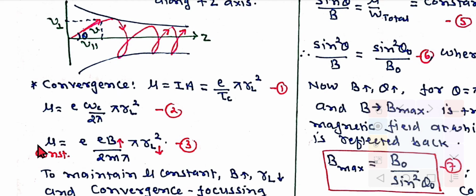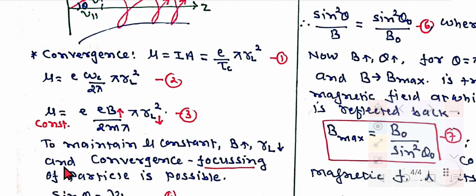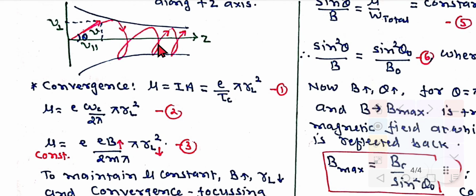So in this way, to maintain mu constant, B is increasing, RL must be decreasing, and convergence or focusing of a particle is possible. You can see here, B is increasing, RL should be decreasing. That means the radius of gyration must be decreasing.